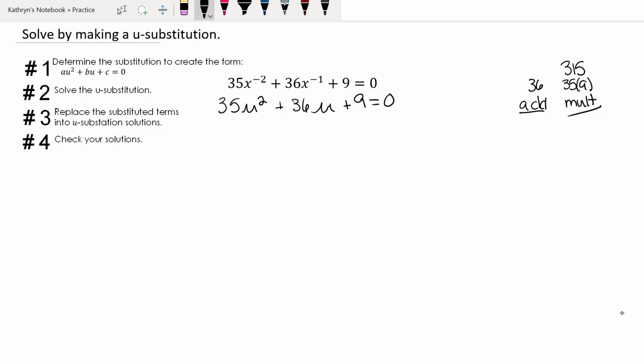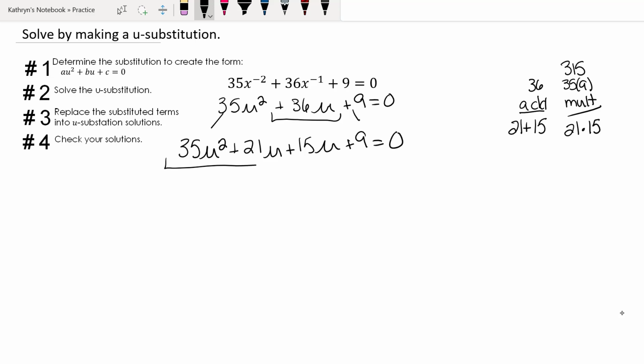Now this took me a little while, but I did figure out 21 times 15 is 315, and 21 plus 15 is 36. So we rewrite the first term, 35u squared. Now instead of writing 36u, we're going to write plus 21u plus 15u, and then bring down the 9.